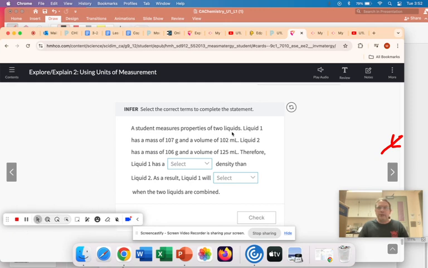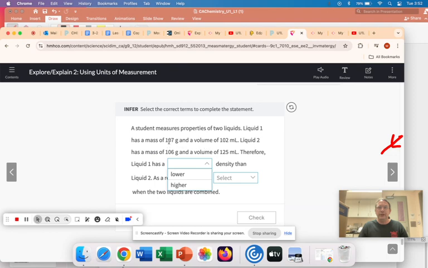If the student measured two liquids, liquid 1 had a mass of 107 and a volume of 102 milliliters. Liquid 2 had a mass of 166 grams and a volume of 125. So liquid 1 is more dense or less dense than liquid 2.